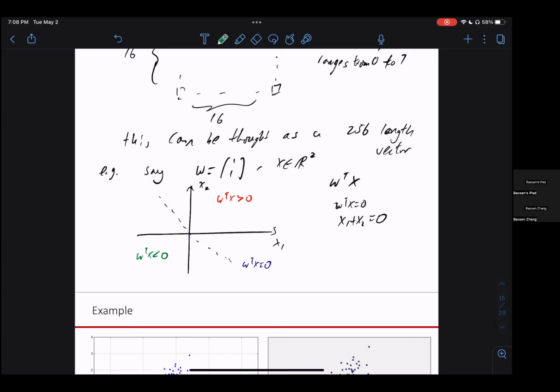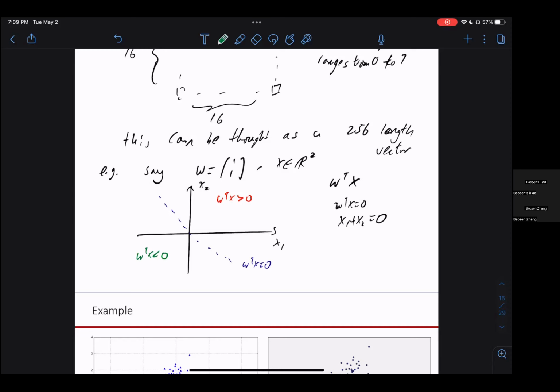If I change the coefficients here, I define different lines through the origin, so different classifiers. But this is a linear classifier, and you're looking at which side the point lies on. That's sort of all there is to it. The whole goal is to find the line that separates the points the best.